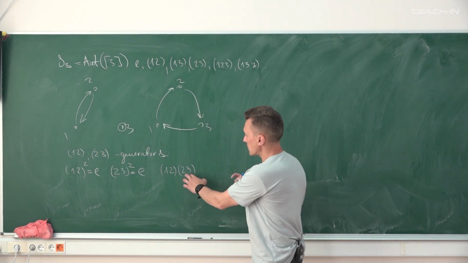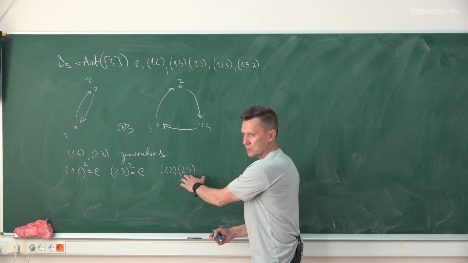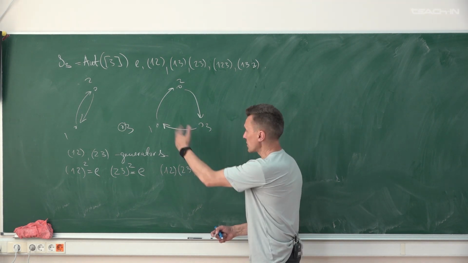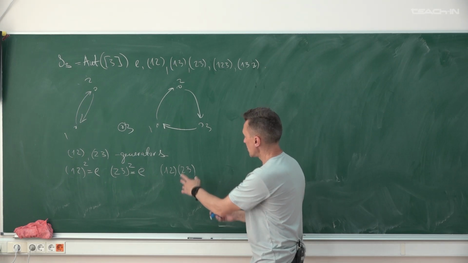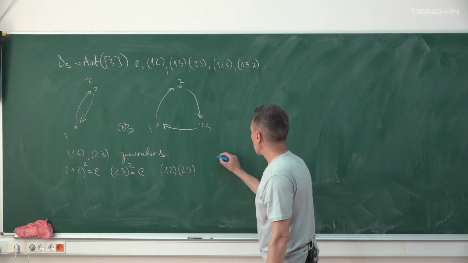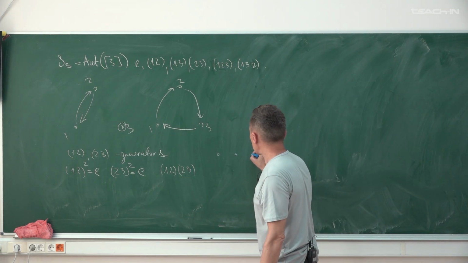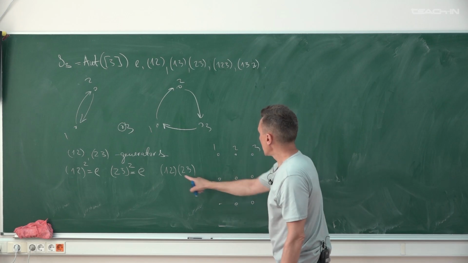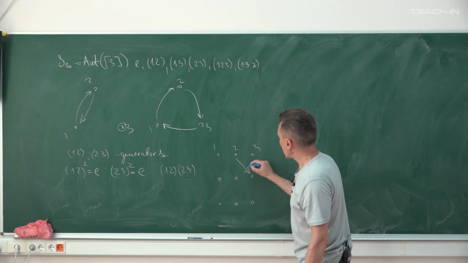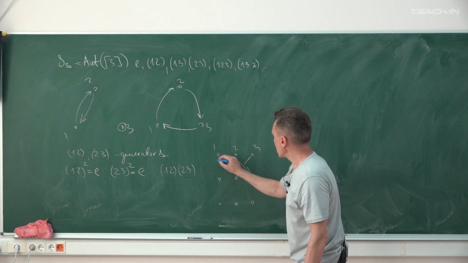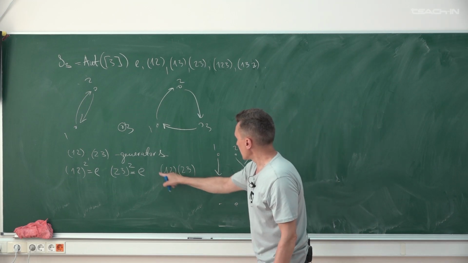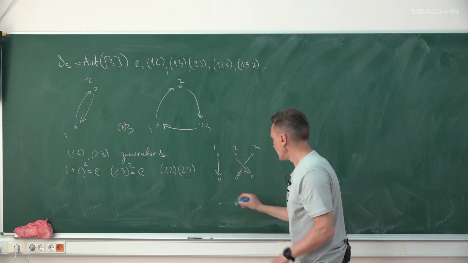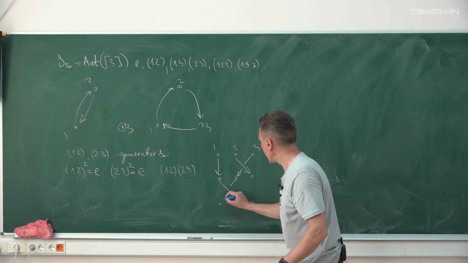means that firstly we apply these generators to our set. So it's better to represent it like this: (2,3) changes these elements and stabilizes 1, and then we apply (1,2) like this.